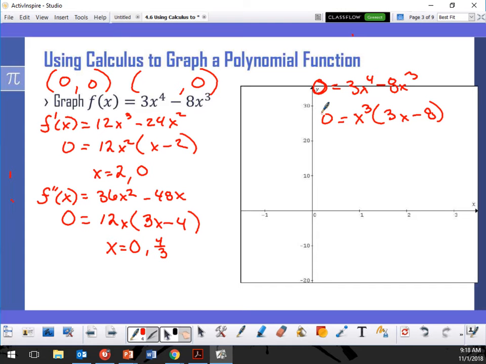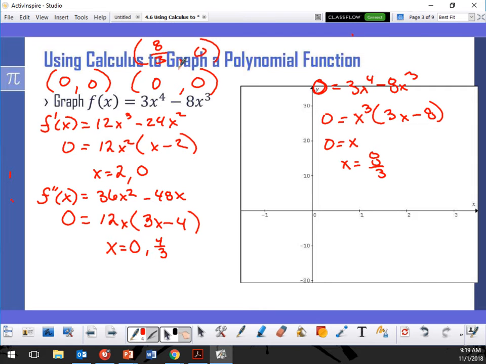So I'm going to have x is 0 and x is what? 8/3. So I'm going to have two places where it crosses: at 0, and also at 8/3.